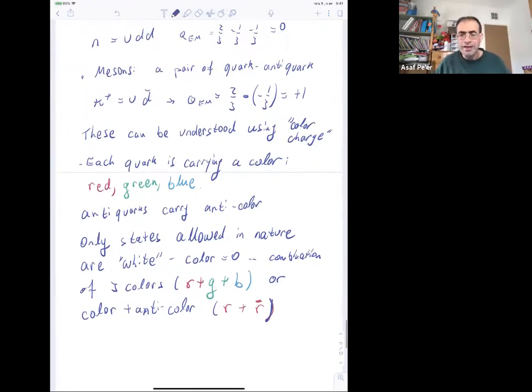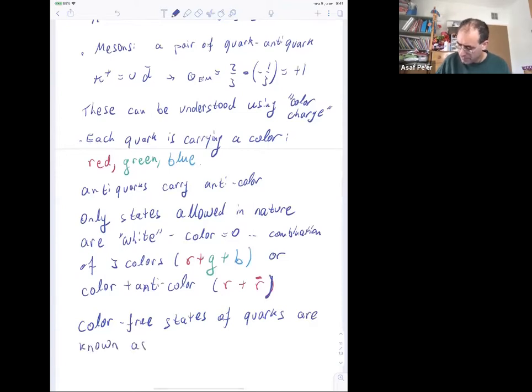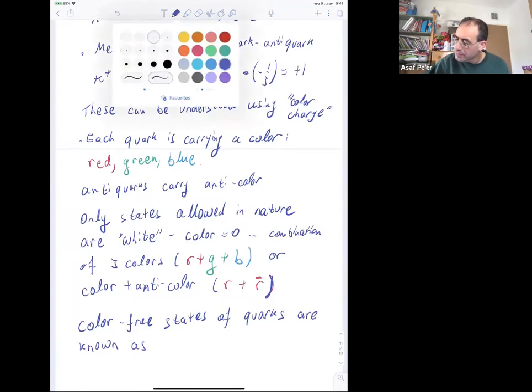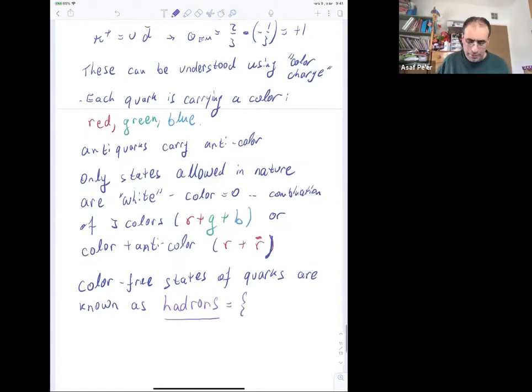Now, color-free states of quarks are known as hadrons. So basically, hadrons is a general name which contains both baryons and mesons.